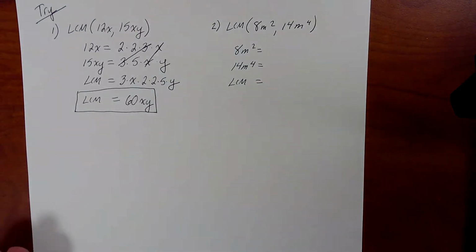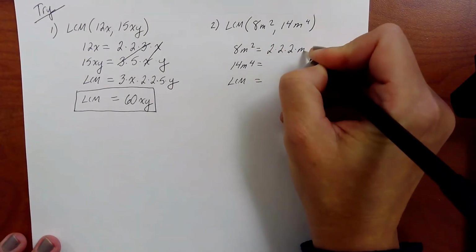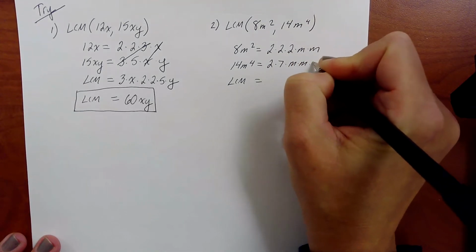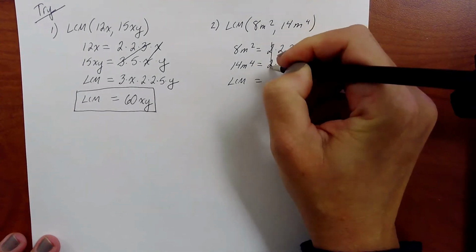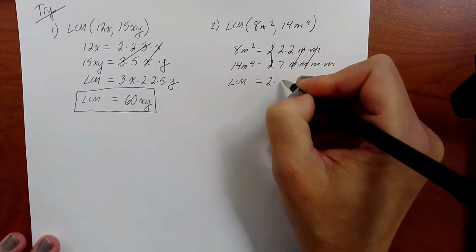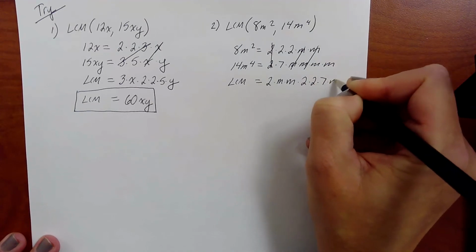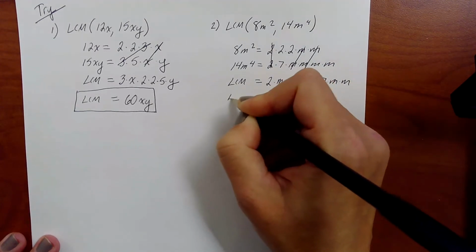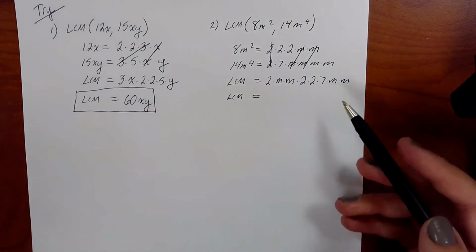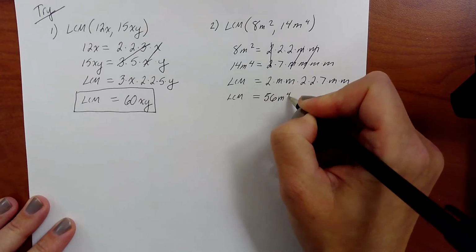Pause. 2, 2, 2, m, m; 2, 7, m, m, m, m. So you got 2, m, then you got 2, 2, 7, m. Okay, so that looks like it is. That's 8 times 7, that's 56, m to the 4th.